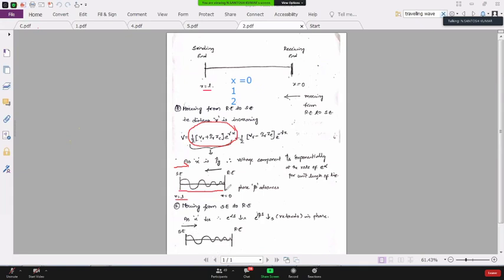If you understand it in this way, okay, or in the other way, that is up to you. Moving from the receiving end to the sending end, the waveform increases in reverse. When it is moving from the sending end to the receiving end, the waveform is decreasing. Is that clear?